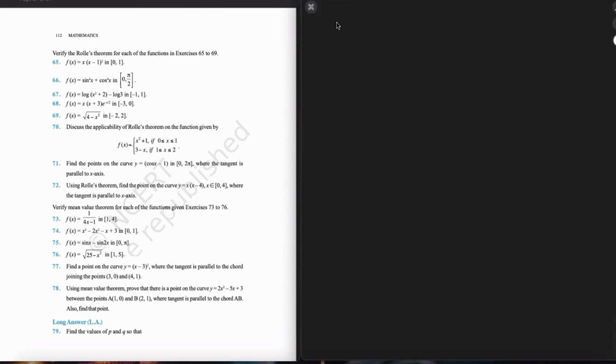Next up, we have question number 73. What was the mean value theorem? If you remember Rolle's theorem, the main difference between Rolle's and mean value is that these 2 points of the domain must not be the same.